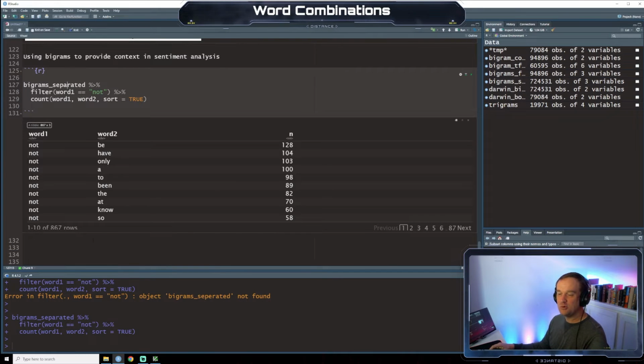So with word combinations, if we were to look at unigrams, not would be negative. I'm surprised good doesn't come up here unless I missed it.